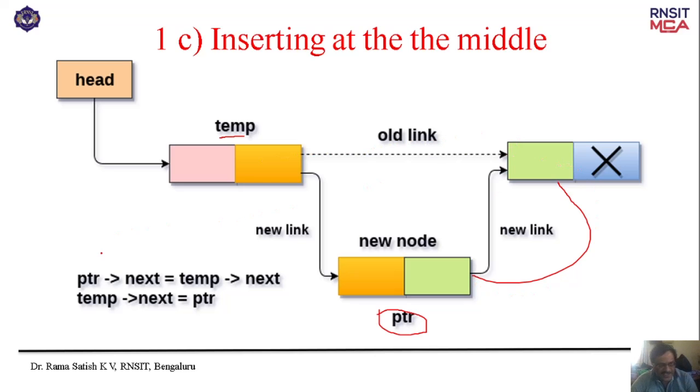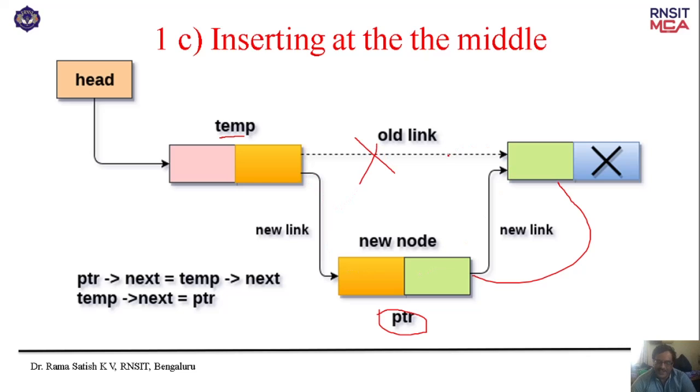Now after this, temp of next is equal to PTR. So the old link, whatever you have, you disconnect it and connect it to the new node. The old link gets disconnected, and from temp you connect to the new node.